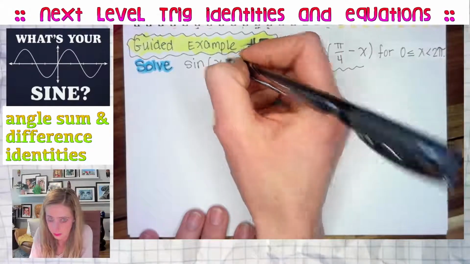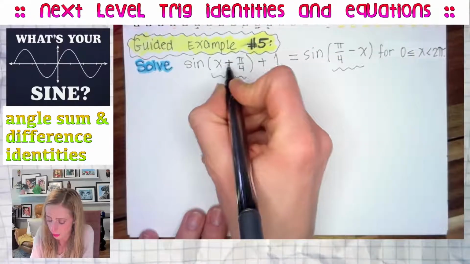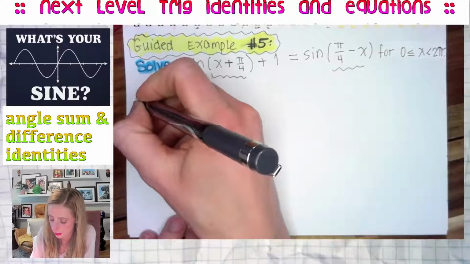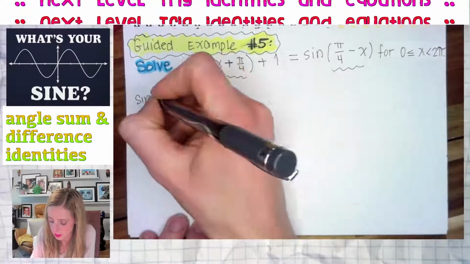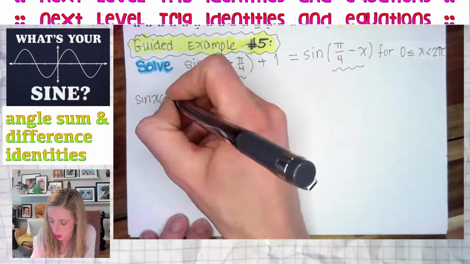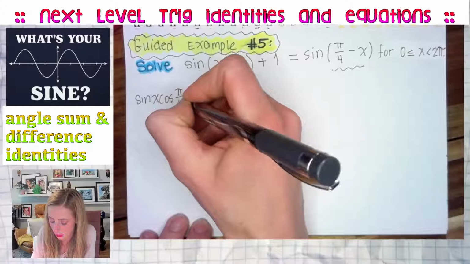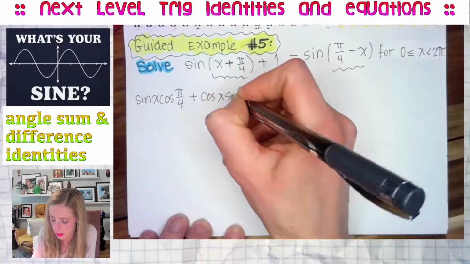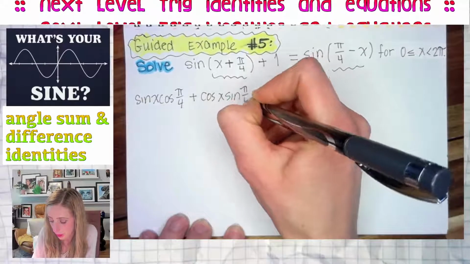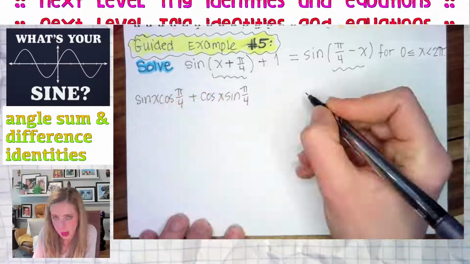Here we got a sum, sine of alpha plus beta. Don't get confused. I'm going to kind of skip a few steps this time. So it's going to be sine x cosine pi over 4 plus cosine x sine pi over 4. Those are my alphas and betas.